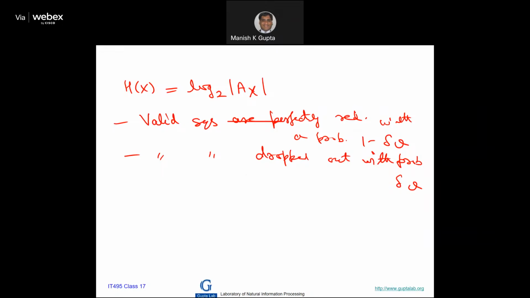The second portion of the channel, where we have the dropout rate of delta V. So valid sequences are coming from the side where the homopolymer and other constraints are applied.